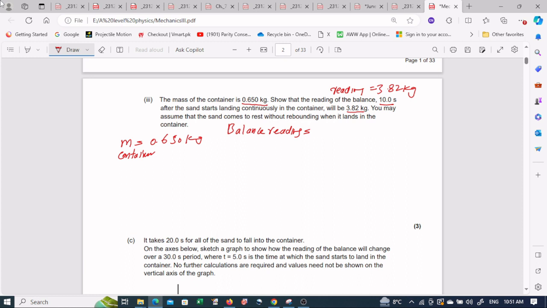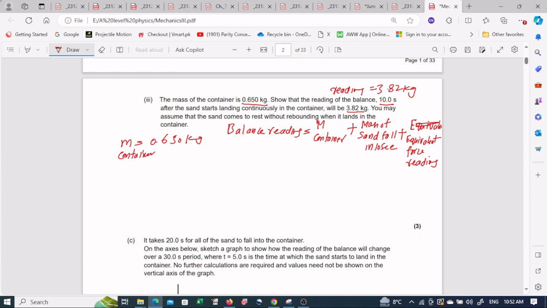It is equal to the mass of the container, plus the mass of the sand fallen in 10 seconds, plus the equivalent force reading. So I explain one by one.